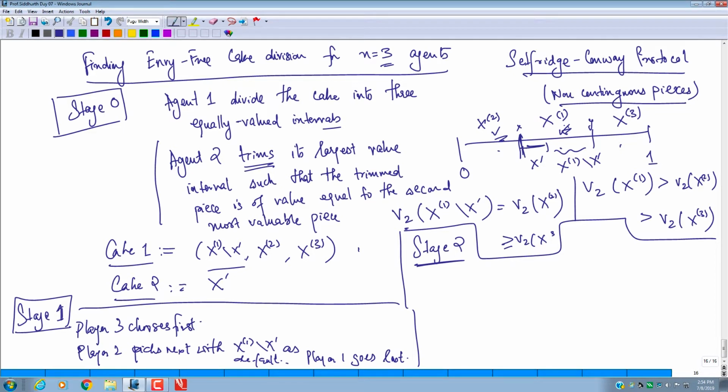So there are two options. Either player 3 picks this trimmed piece or player 2 picks it, because player 2 by default will pick it. Between these two players, let's say T is the agent.